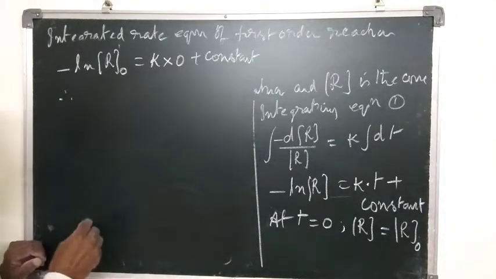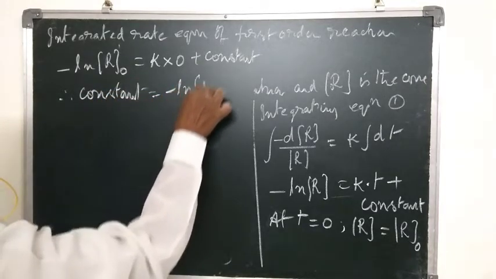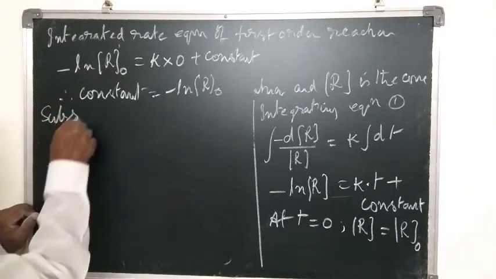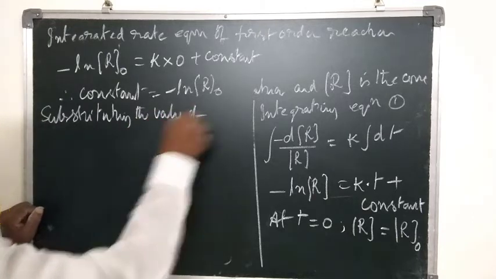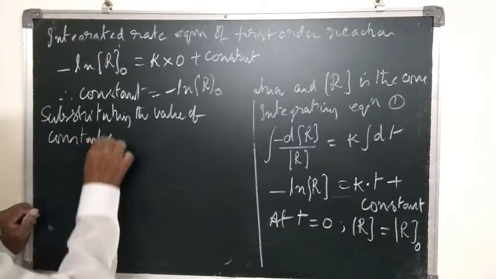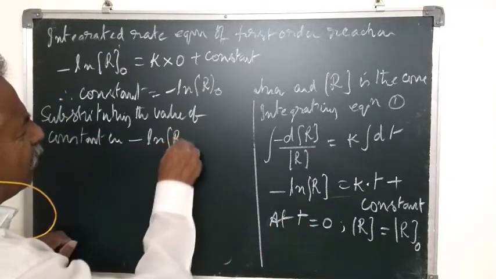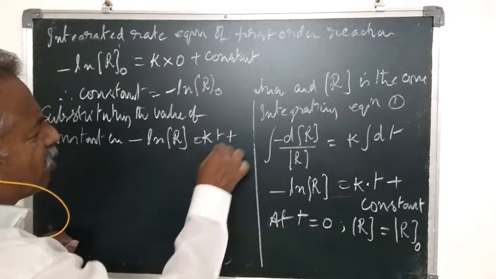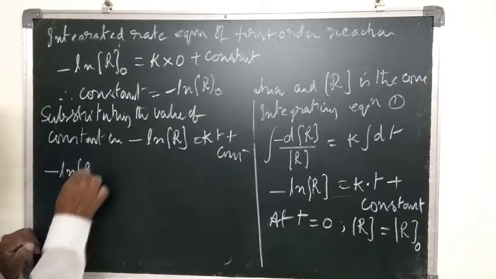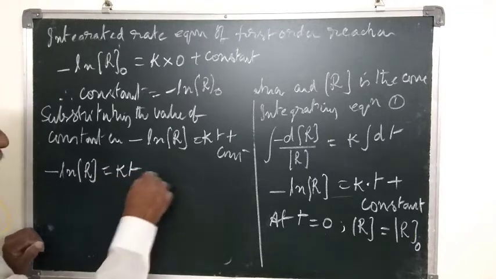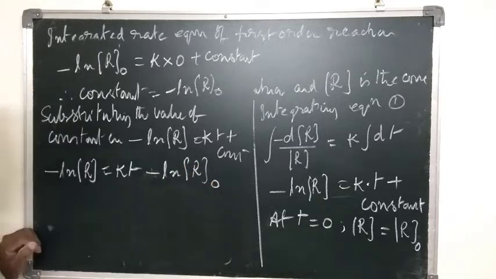Therefore, constant equals minus ln R0. Now substituting the value of constant in minus ln R equal to kt plus constant, we get minus ln R is equal to kt plus minus ln R0.